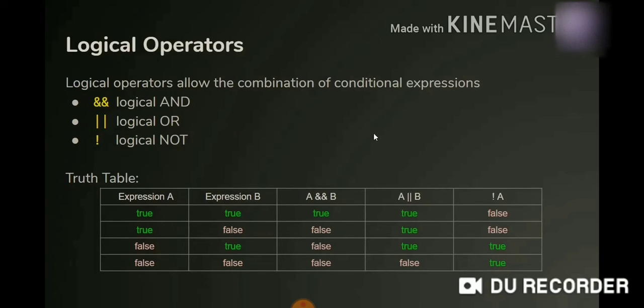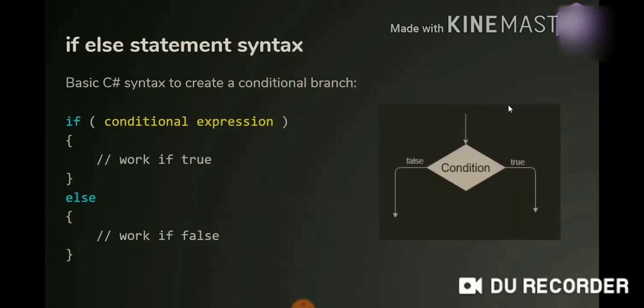But if both conditions are false in the OR case, then the entire expression is false. So AND is used if I need all expressions to be true, and OR is used if I just need one set of conditions to be true.